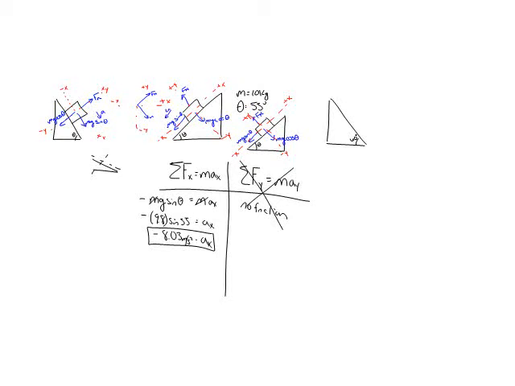So this is 60 degrees. Our mass is 14 kilograms. Our angle, 60 degrees. And it says we have a coefficient of kinetic friction, which is mu k, at 0.56.